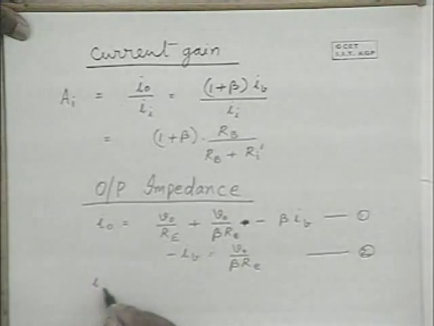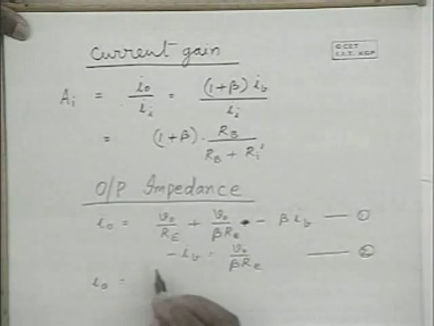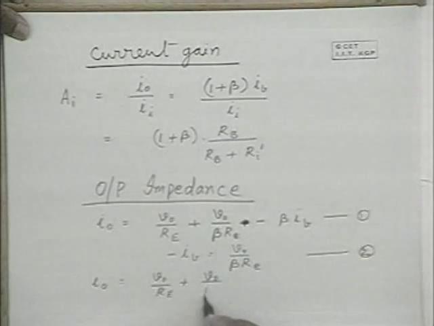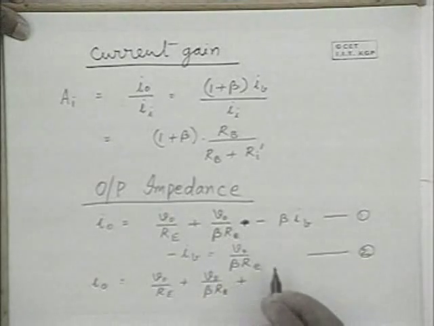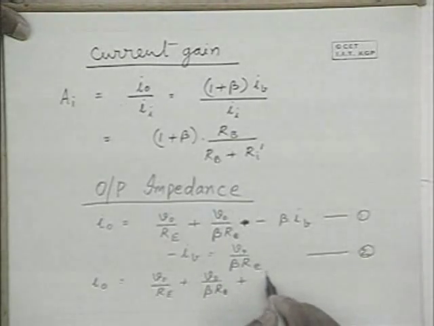So you will find I0 as V0 by RE plus V0 by beta RE, and plus V0 by small re itself.